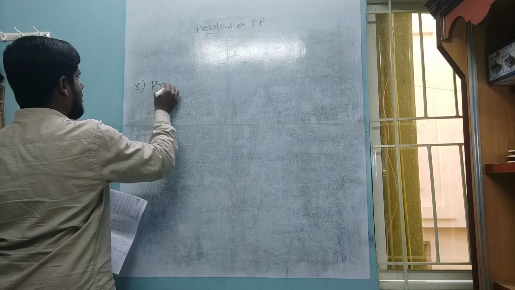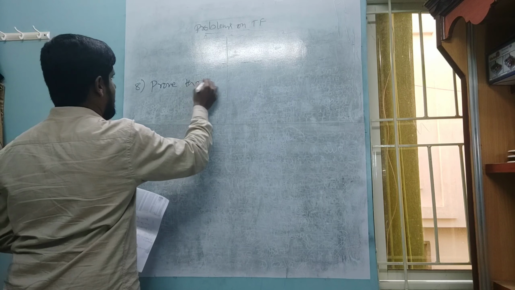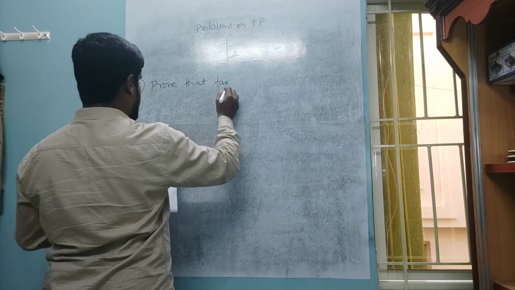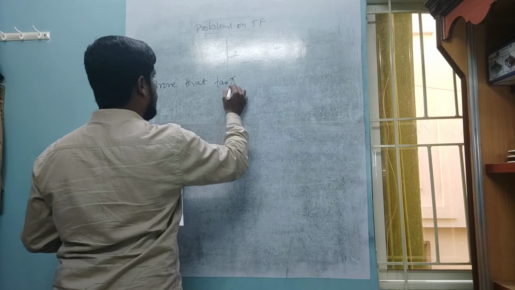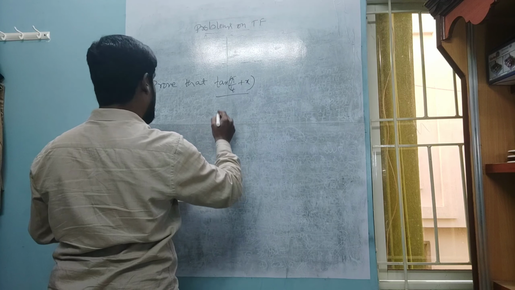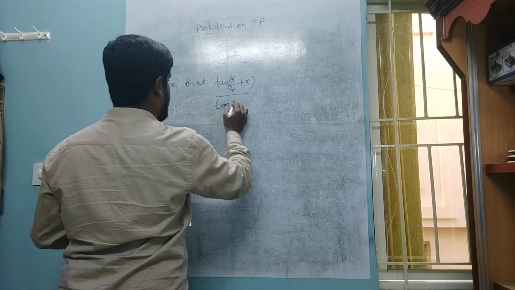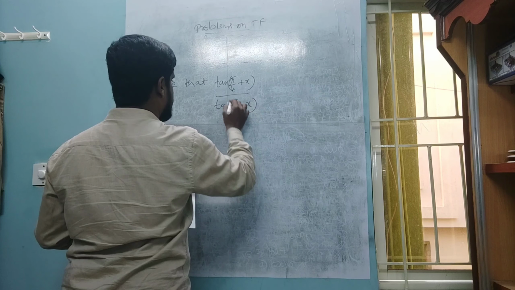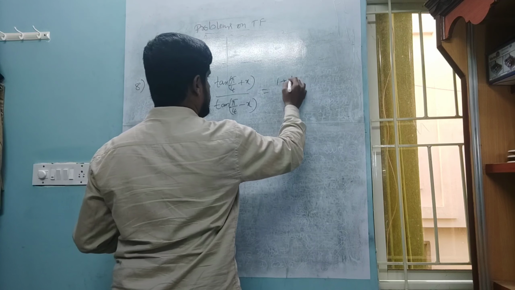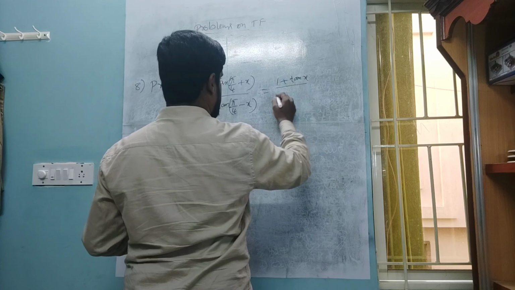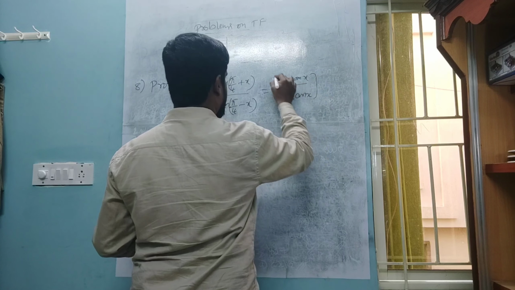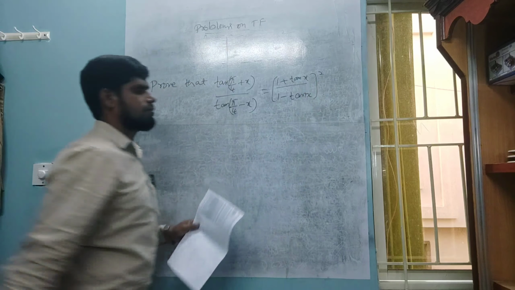Prove that tan of pi by 4 plus x divided by tan of pi by 4 minus x is equal to (1 plus tan x divided by 1 minus tan x) whole square.